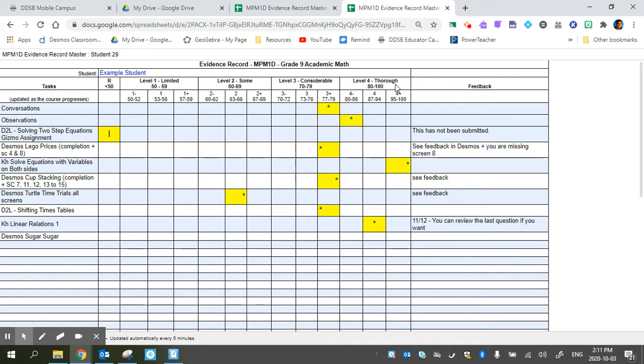And then level 4, it's a bit unusual because it's a wider range, goes from 80 to 100. So 4 minus includes grades from 80 to 86, level 4, 87 to 94, and level 4 plus is 95 to 100. And I hope that explains as far as the levels go.